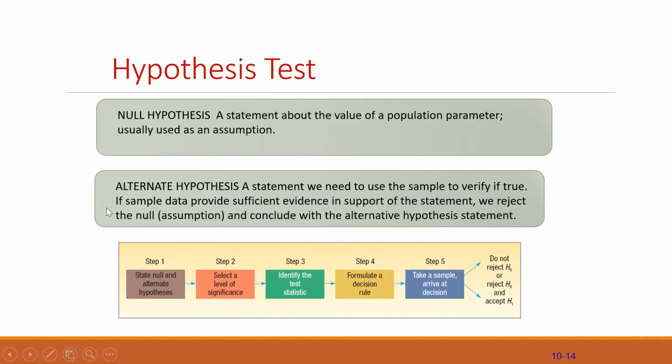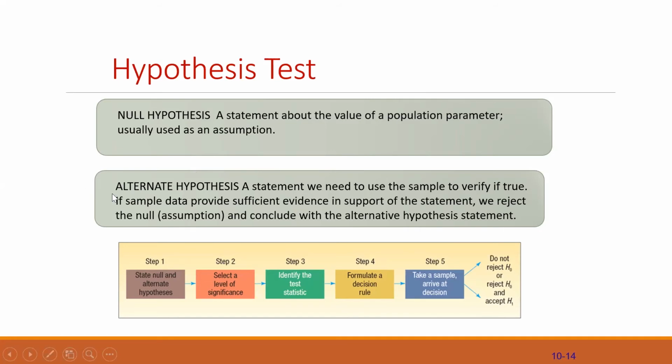So what is the alternative? Well, the alternative is a statement that we need to use the sample to verify if true. Or in other words, we want to look for evidence in the sample that is in support of the alternative hypothesis.